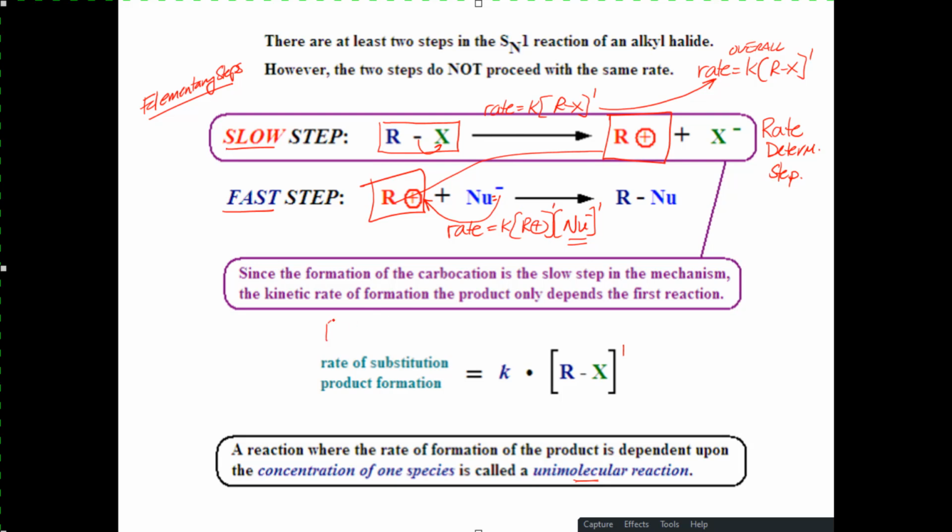I get alkyl halide plus nucleophile making the substitution product and the leaving group. So intermediates are produced in one step, used as a reactant in another step. Okay, so that's the intermediate, and in this case the intermediate is a carbocation.